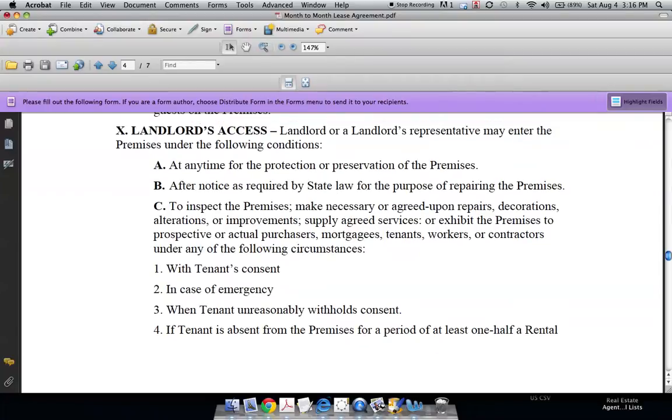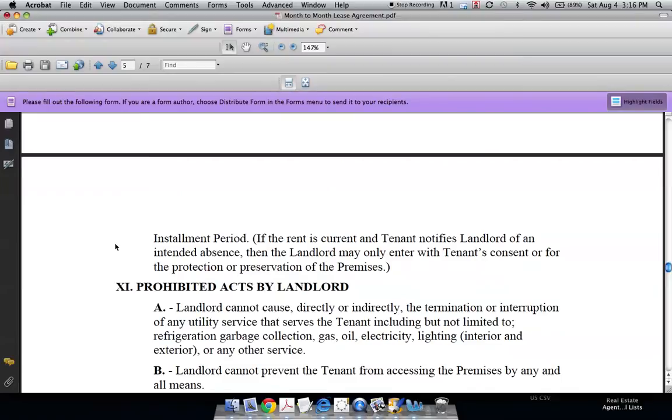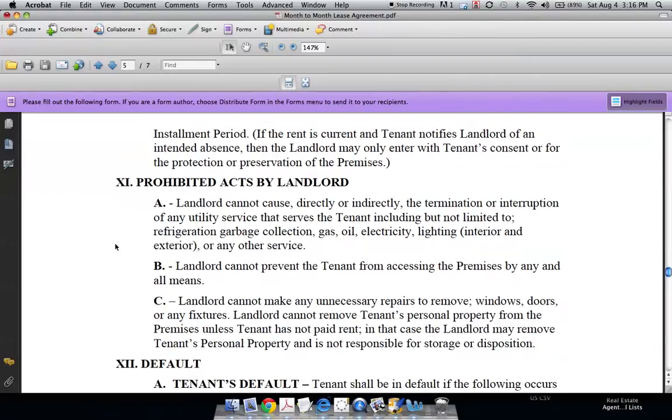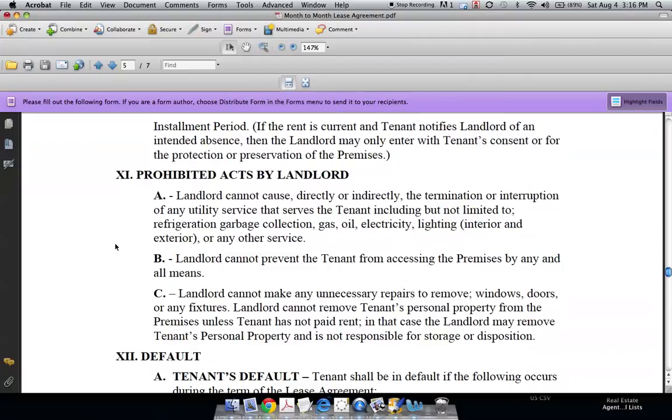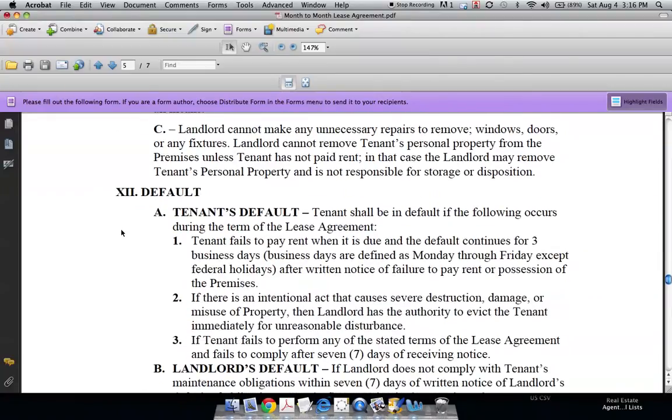It spells out when the landlord can go in and how much notice he has to give. Most of the time it's 24 to 48 hours before they can go in your property for a non-emergency entry. Prohibited acts by the landlord just says basically you can't change the locks on you, among other things.